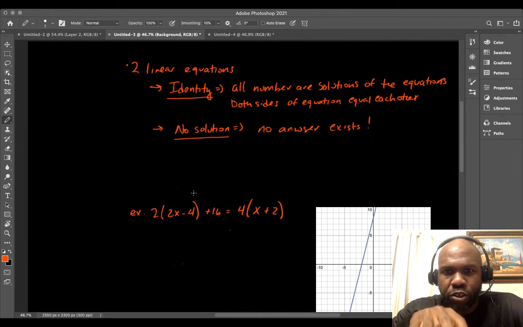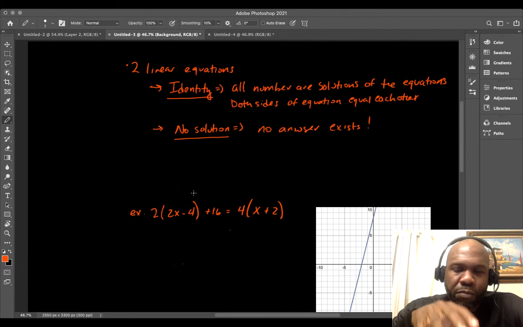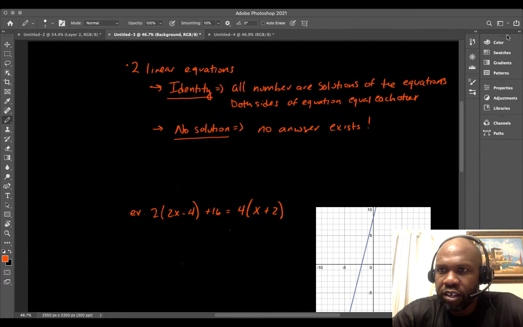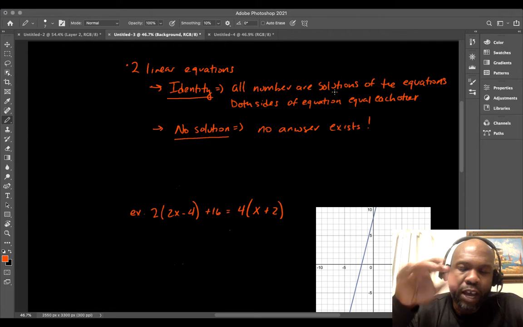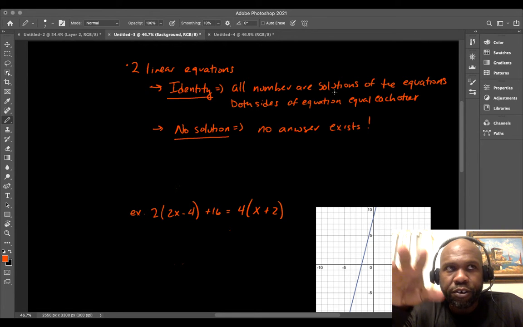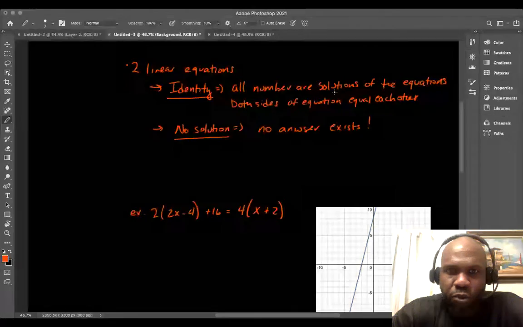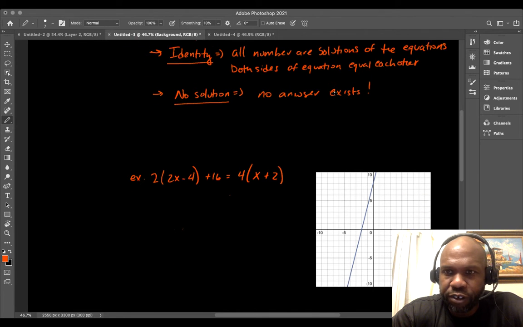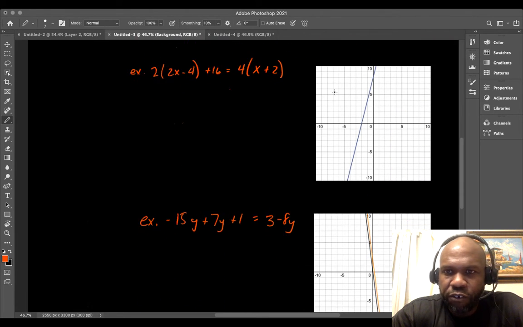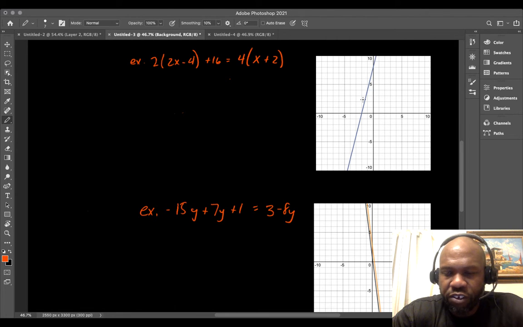The next is no solution. That basically means there is no answer to these two linear equations equaling each other. I'm going to show you both techniques, and then we'll try a couple problems ourselves.